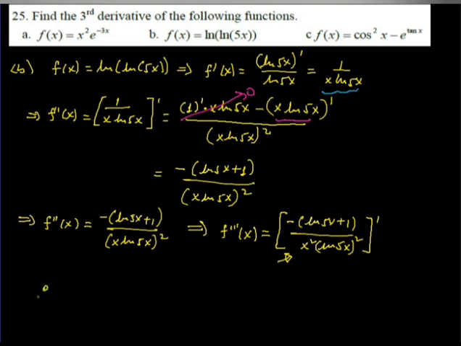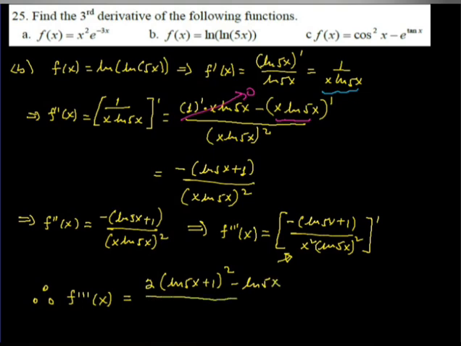So you will get the third derivative: the third derivative becomes 2 times ln 5x plus 1 minus ln 5x over x ln 5x the whole cube. This is the more simplified form of the third order derivative for the given function.